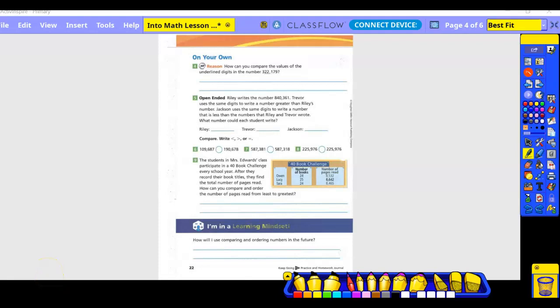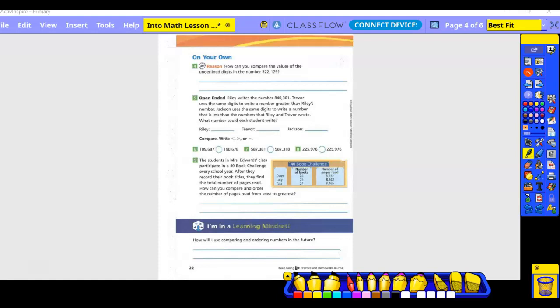On your own, number 4, reason. How can you compare the values of the underlying digits in the number 322,179? Are those digits the same? Yes, they're both 2. But are they in the same place value? No, they are not.